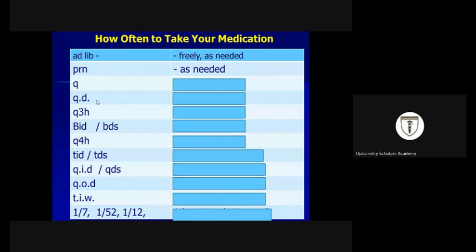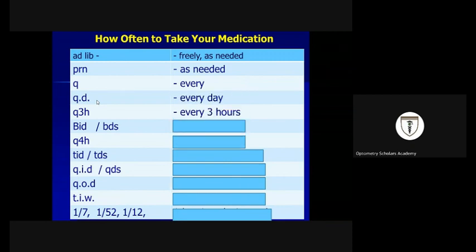So Q means every. Whenever you see Q, it starts to mean every. So QD is every day, Q3H is every 3 hours, so this patient should take this drug every 3 hours.